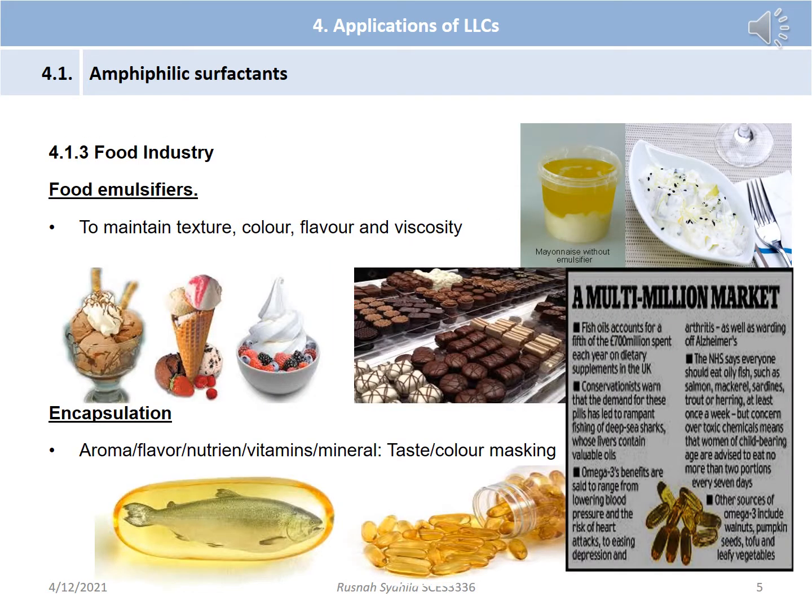In food industries, amphiphilic surfactants are used as emulsifiers. Some detergents and surfactants are used as emulsifying agents. An emulsifier keeps oil droplets and water droplets from joining together, so a thick mixture of oil and water will not separate. This is to maintain texture, color, flavor, and viscosity, and for encapsulation of unfavorable aroma, flavor, nutrient, vitamins, and minerals for taste and color masking.